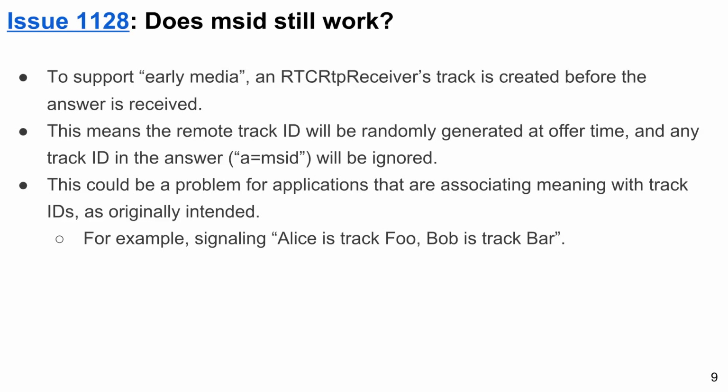And this could be a problem for applications that are relying on using the track ID to signal something. For example, signaling this track ID is the speaker, and if we're receiving multiple video tracks, you'd use that information to tell how to interpret the tracks. Next slide.